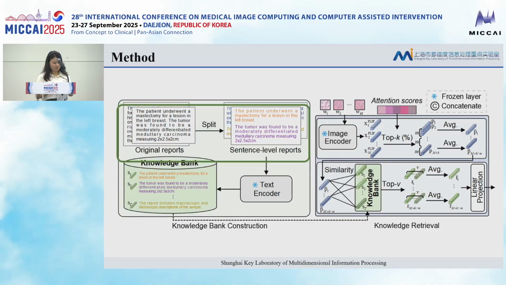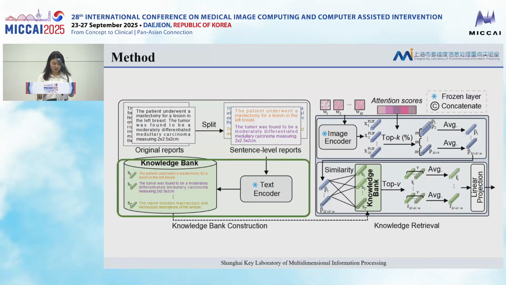To mimic the process of diagnosis based on identified key regions, we use key patch features to retrieve knowledge. Specifically, the cross-attention scores from the first layer of the visual branch are used to select high-attention patch features. These features are aggregated and compared with the knowledge bank to retrieve the most similar knowledge embeddings.